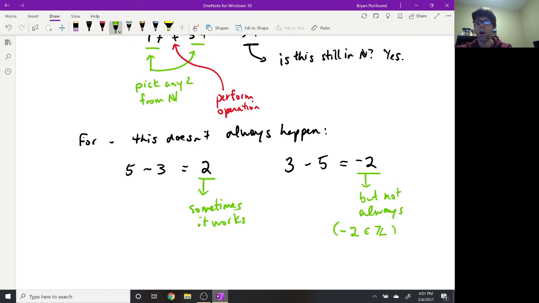Okay, but not all the time. So because it doesn't work all the time, we say that n, the set of natural numbers, is not closed under subtraction, because it's possible that I could subtract 2 counting numbers and I could get a negative number, and that's not inside of the set of natural numbers.